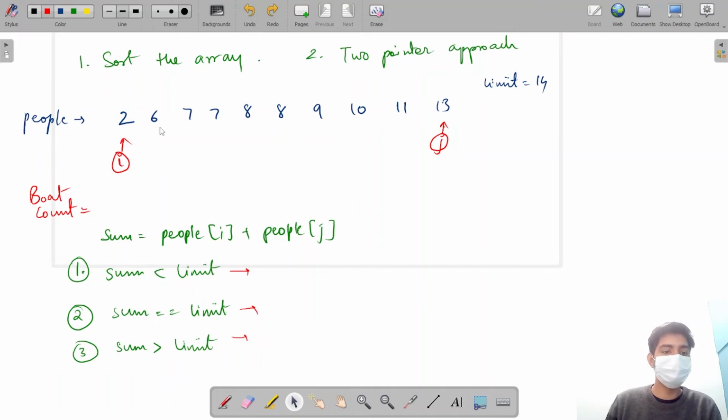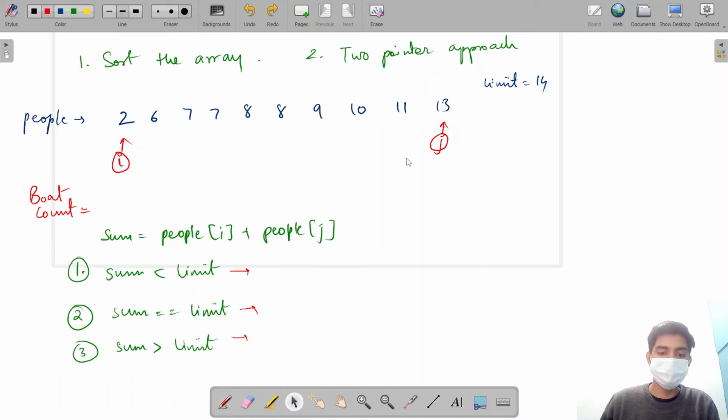If I decrease my j, it will mean that 13 cannot pair up with anyone else, which is true actually, because 13 cannot pair up with 2. And since this array is sorted, we know that every element after 2 is going to be greater than 2, so 13 cannot pair up with anyone after 2. If it cannot pair up with 2, how can it pair up with anyone after 2?